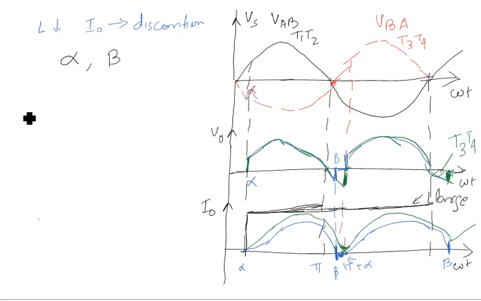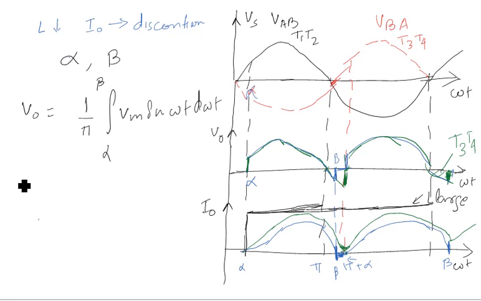V naught will be, since the cycle repeats after pi, 1 upon pi integration from alpha to beta, where beta lies between pi and pi plus alpha, of Vm sin omega t d omega t.